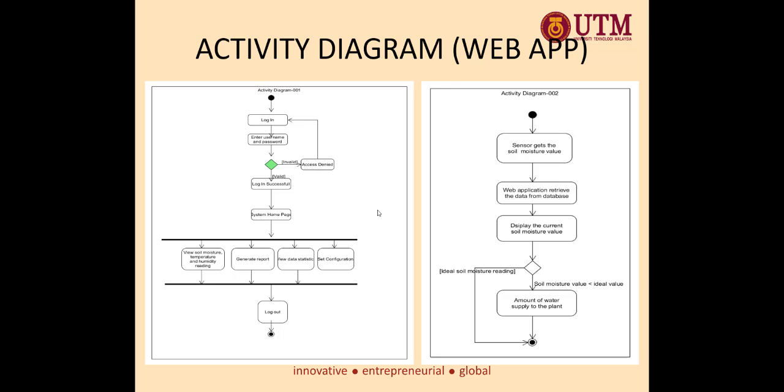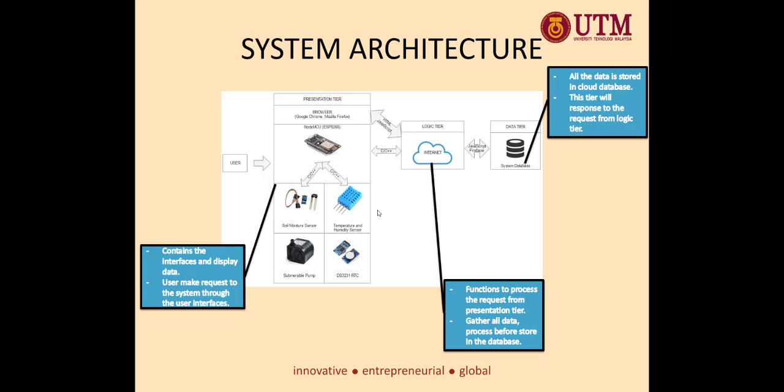When the current soil moisture value is lesser than the ideal soil moisture value, then it will water the plant accordingly. Or else, if the current soil moisture value is more than the ideal value, it will not be required to supply water to the plant.